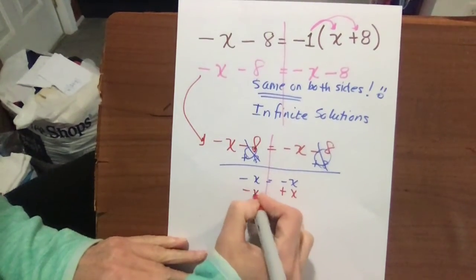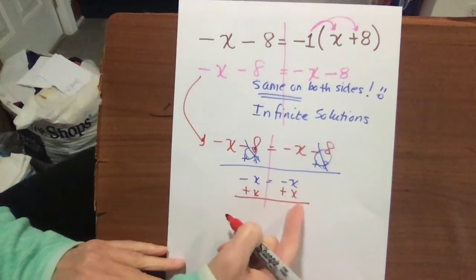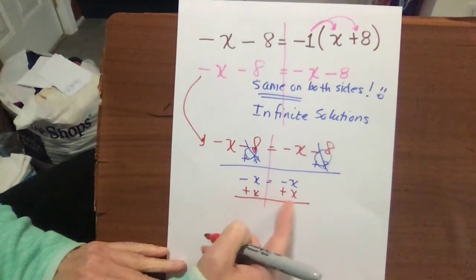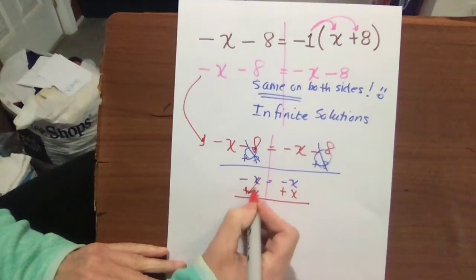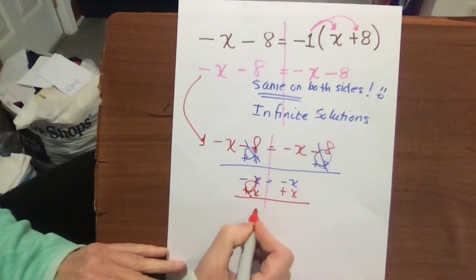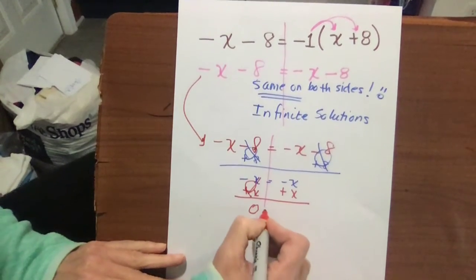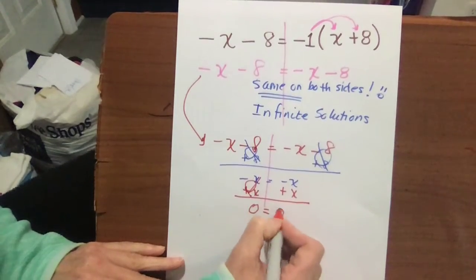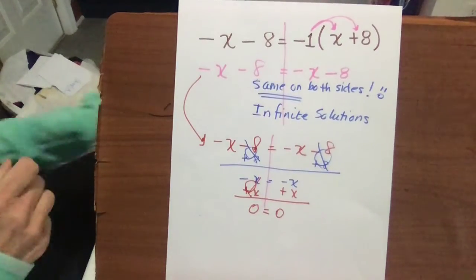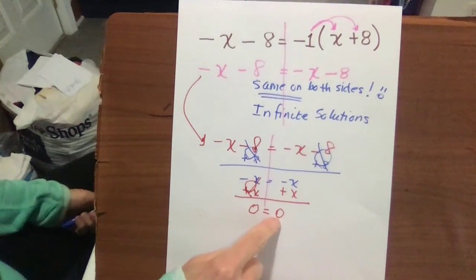We add x and bring them over to each side, and negative x plus x is 0. I have to write something down here, so it's 0. It's not 0x, it's just 0. It's gone. Negative x plus x is 0 too. So you still wind up in a case where it's the same thing on both sides.